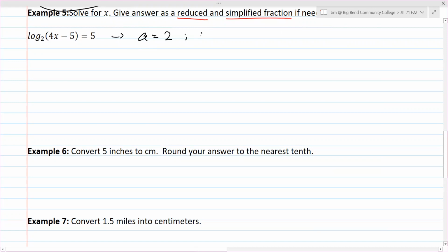And then the x, which is different from the x we have, we can include that later. But we do know that b equals 4x minus 5. So we have a and b given for us to craft the exponential form of this equation. That will be 2 to the 5 equals 4x minus 5.